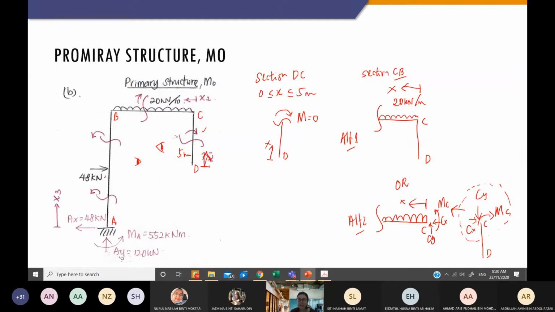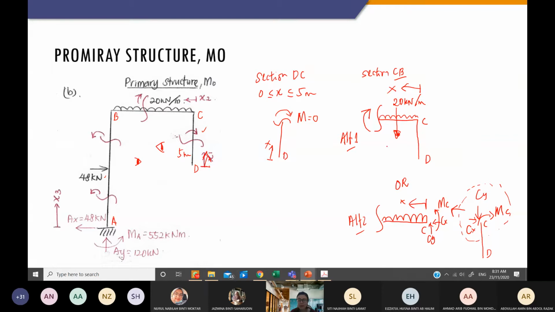I have only one loading, 20 kilonewton per meter, in my system. My positive sign moment is like this. So I'm going to convert this 20 kilonewton per meter into a point load. How much will I get?